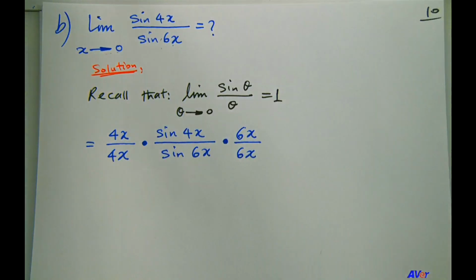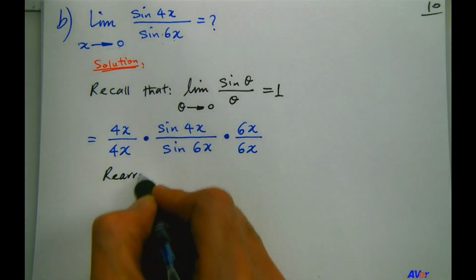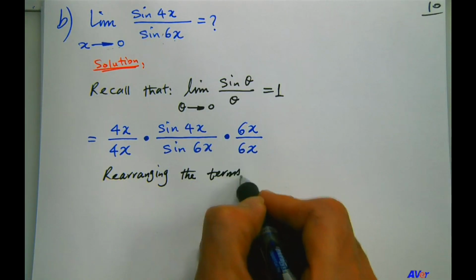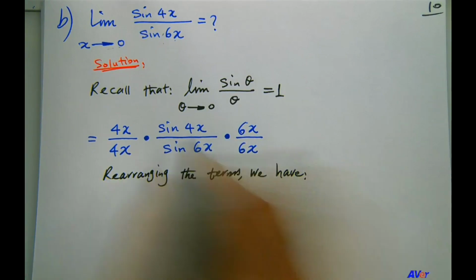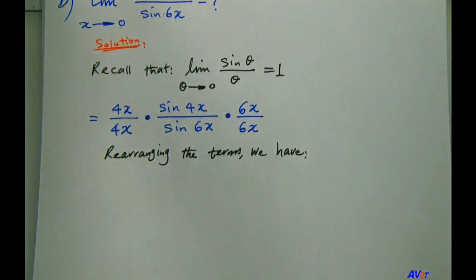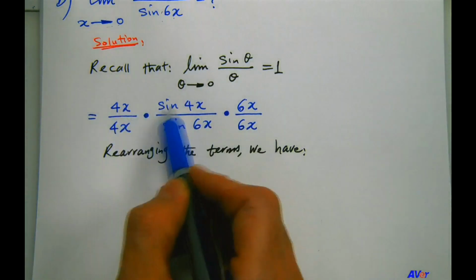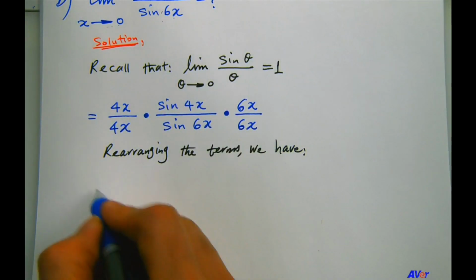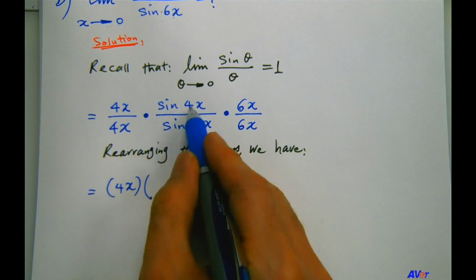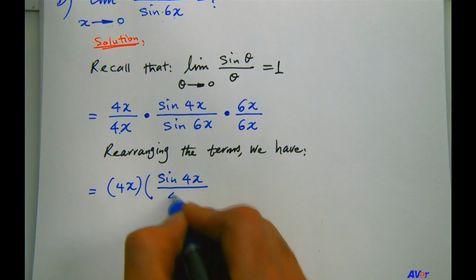Okay, so now by rearranging terms, so by just moving things around, what are we going to have? From these three terms, 1, 2, 3, we can say that we have 4x times sine of 4x divided by this one, divided by 4x, right?